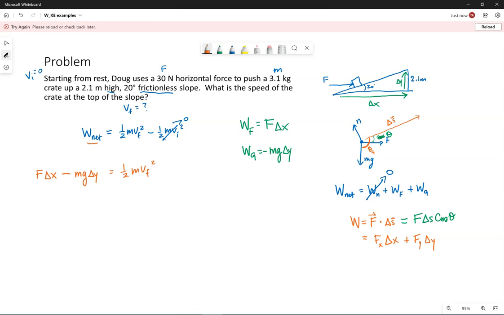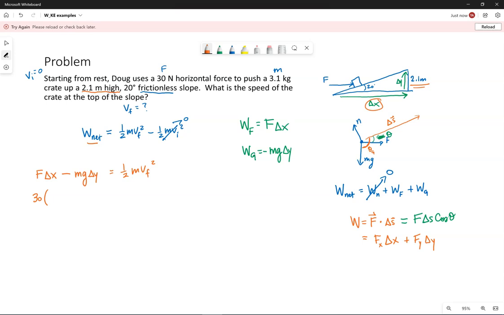And this will equal the final kinetic energy. So let's see here. Our force is 30 newtons. We need to figure out delta X. So horizontally, how far does this crate move? We know vertically it moves 2.1 meters because the problem tells us it's a 2.1 meter high slope.